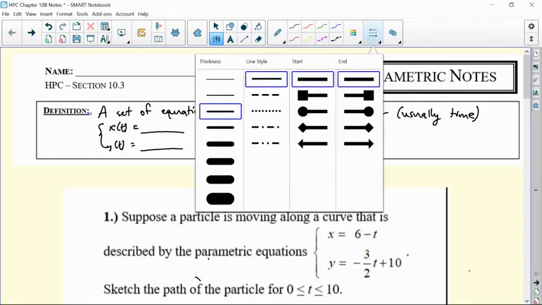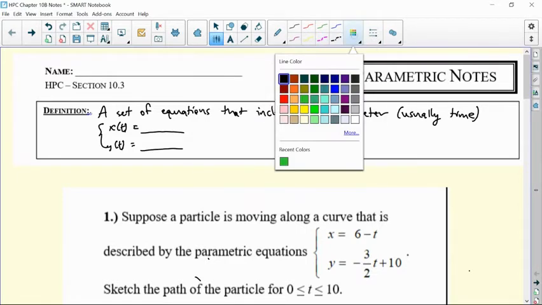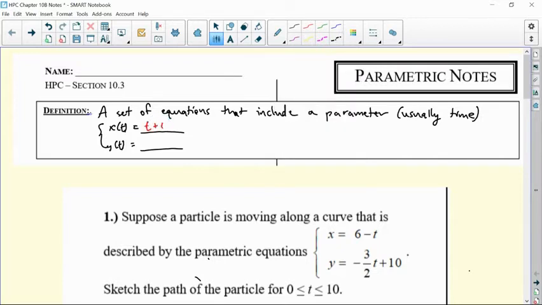And so as an example, it might be x of t equals t plus 1, and y of t is equal to 3t minus 5. So what I can do is say, okay, if I want to know the position, the xy coordinate at any point in time, then that's what I'm going to let t equal.